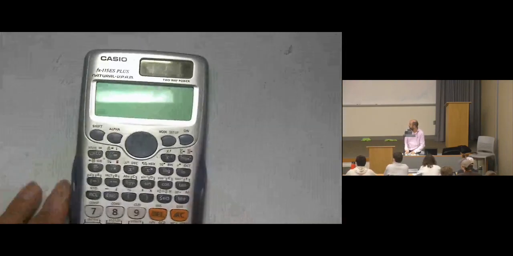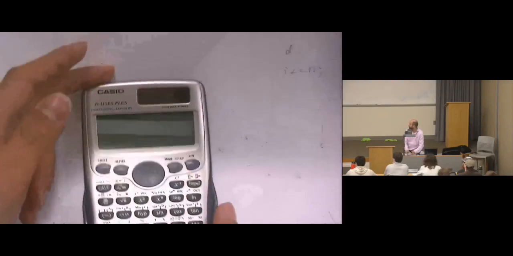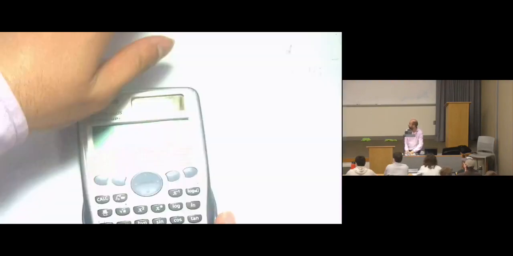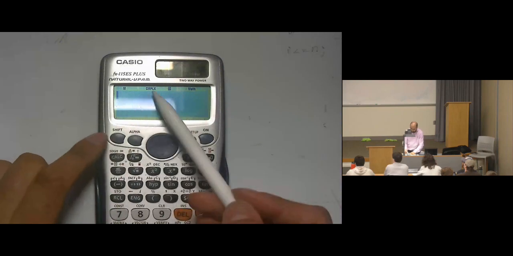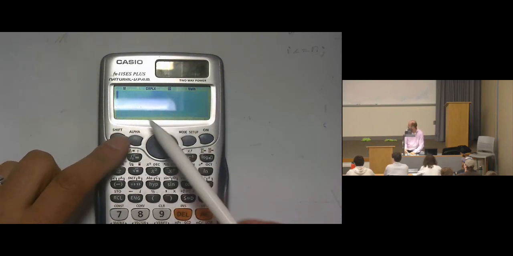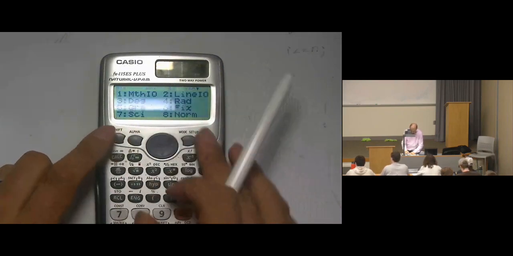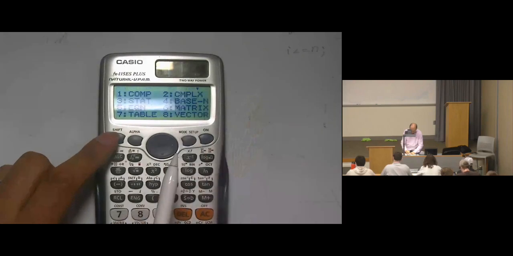So basically, in this calculator, you need to enable the complex number. You need to make sure there is a complex mode here. Most likely the mode is like this. This is the default case.